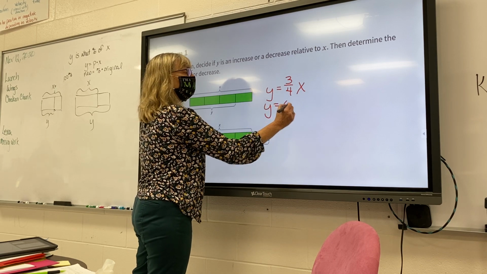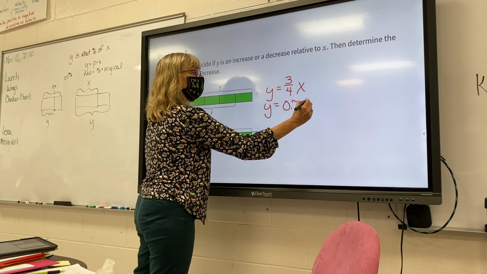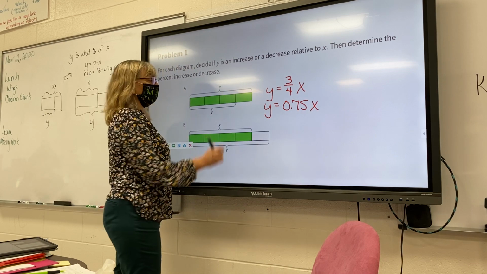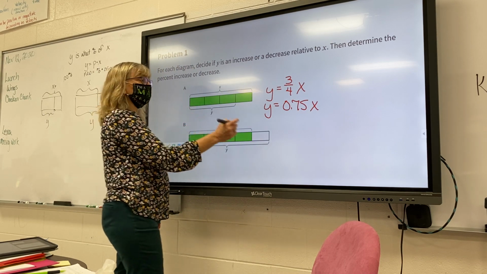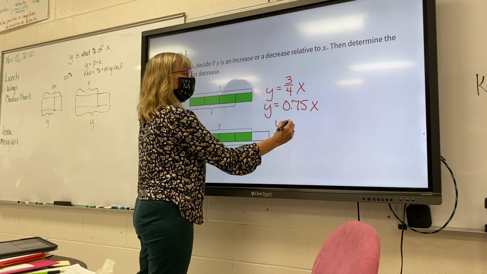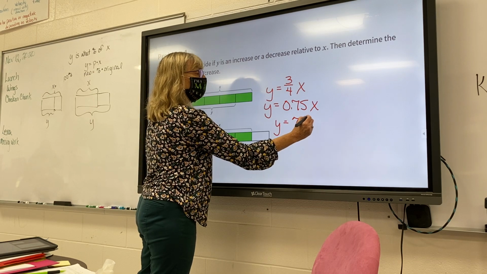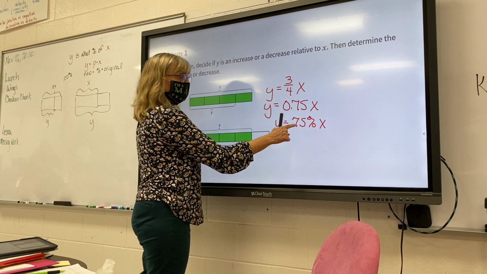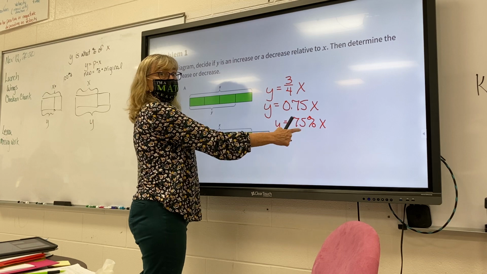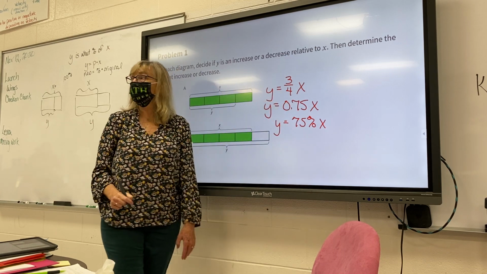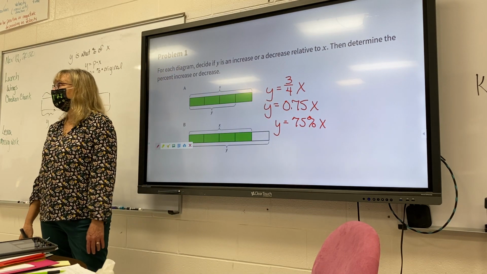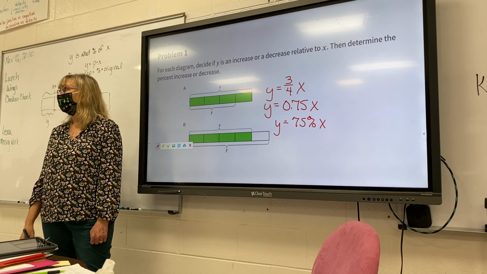Y is 0.75X. And now today we were talking percentages. Y is 75% X. And notice that 75% is the same thing as 0.75, is the same thing as 3/4. They're all the same.